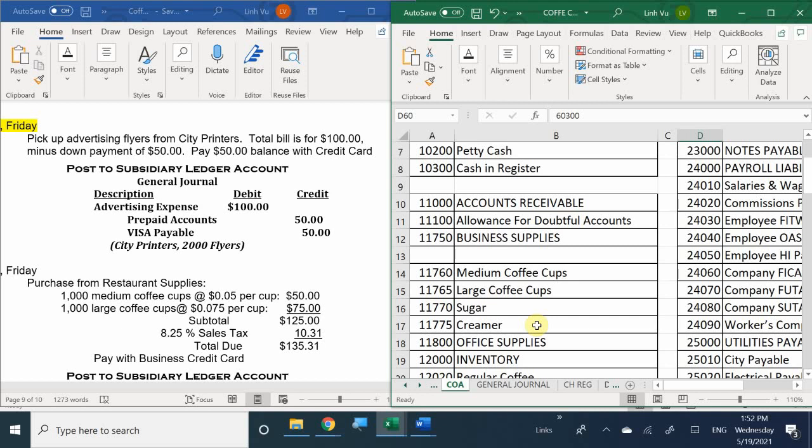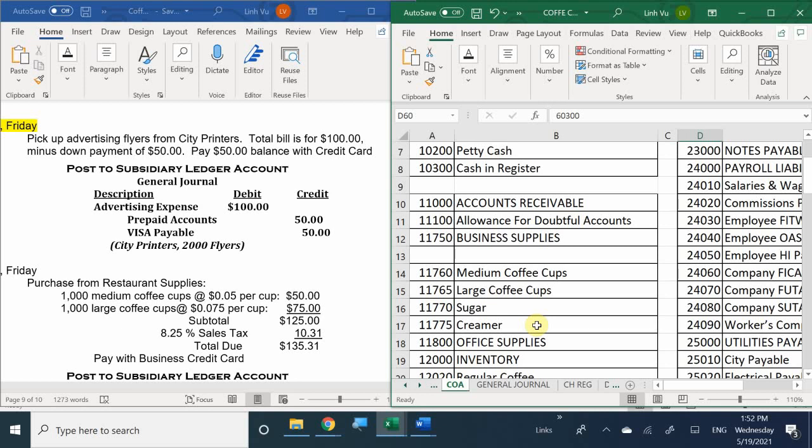So where does the tax go? It goes into the cost of the cups. So here we have to have another split payment because we have two items, based on the total selling price. We need to figure out what those totals are.